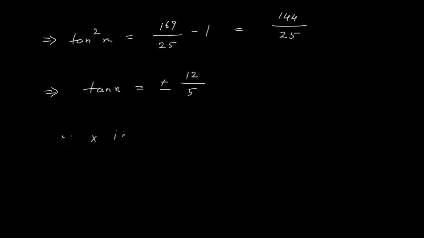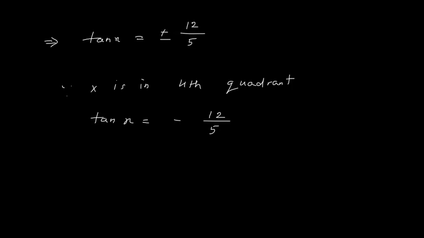Now in the fourth quadrant the value of x is positive, y is negative, so their ratio will be negative. So I have tan x is equal to minus 12 upon 5. So now I have the value of sec, I have the value of tan.